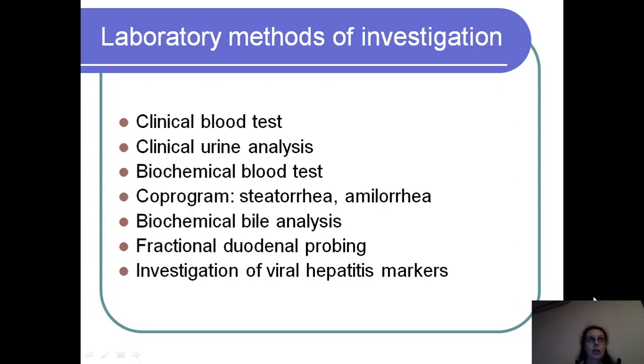It's a reaction typical for a stressful situation, and it's problematic to receive any portion of bile at all. Then fractional duodenal probing is not widely used in everyday practice due to the same reasons which I have explained for biochemical bile analysis.